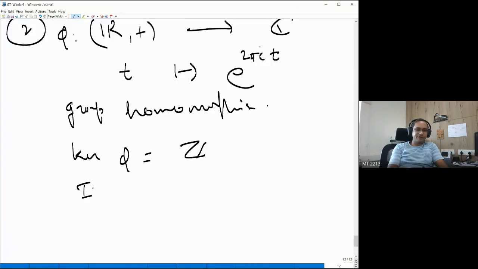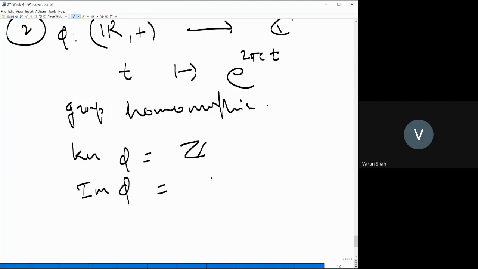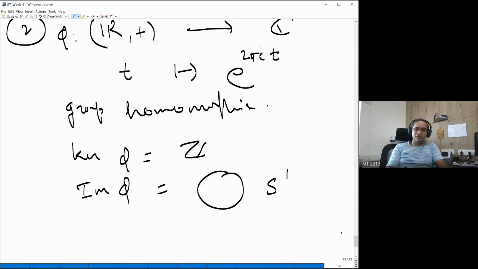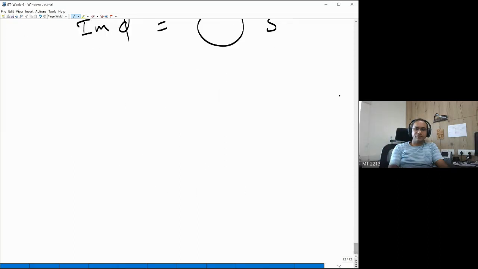What is the image of phi? The unit circle in the complex numbers. It's also called S1. So this is the circle.